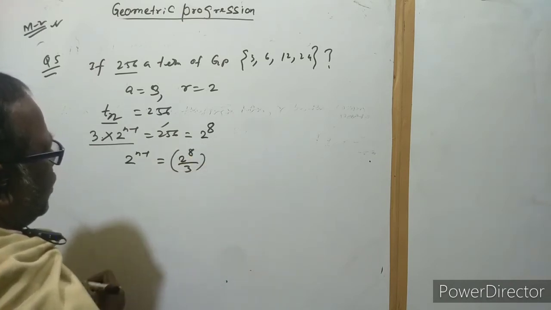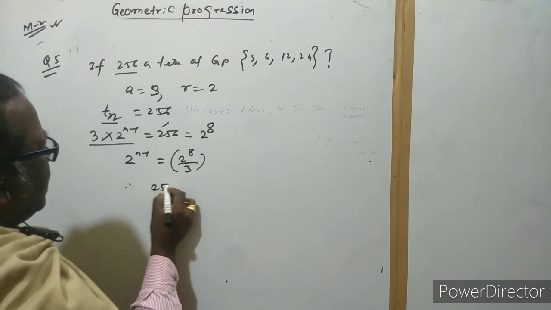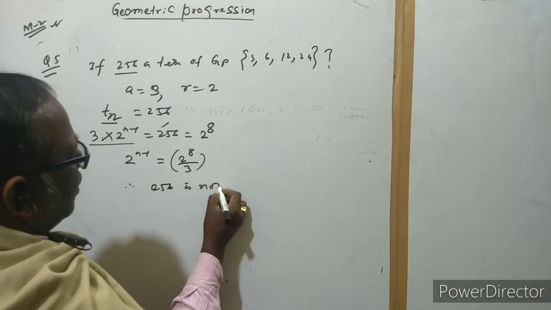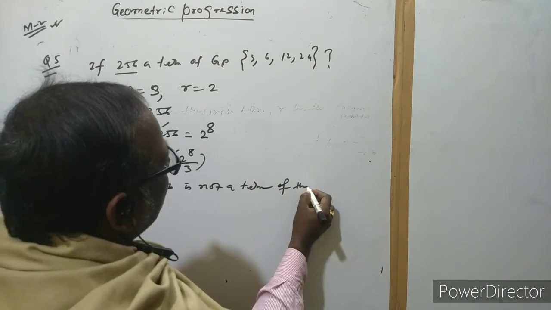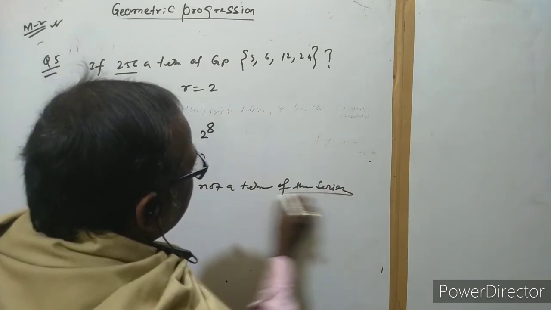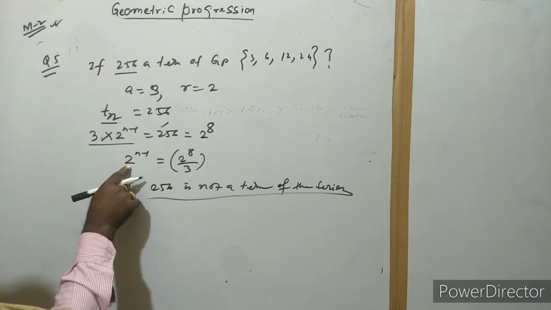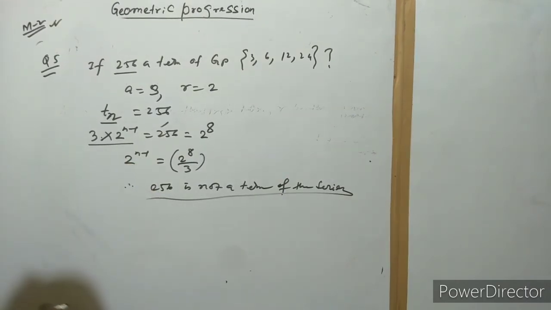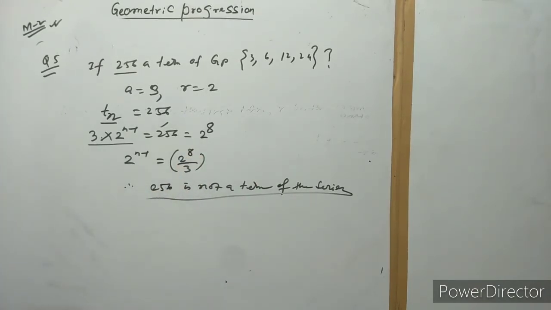Therefore 256 is not a term of the series. See carefully: the base is 2 and the power is n minus 1, also 2 to the power 8, but there is a 3, so it is not possible. 256 is not a term of this series.